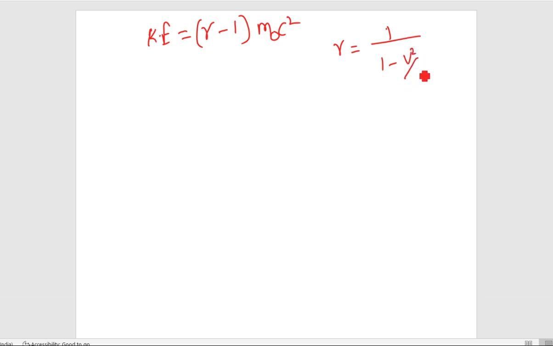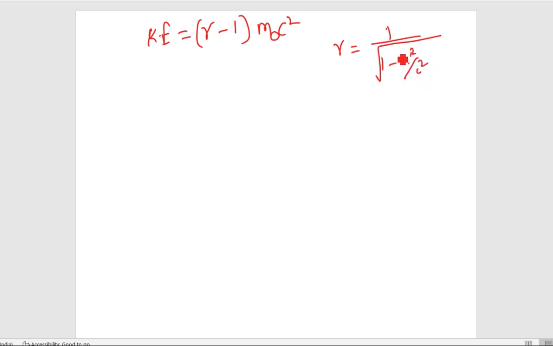First, relativistic kinetic energy is given by kinetic energy equal to gamma minus 1 into m naught c square, where gamma is the constant 1 by square root of 1 minus v square by c square.